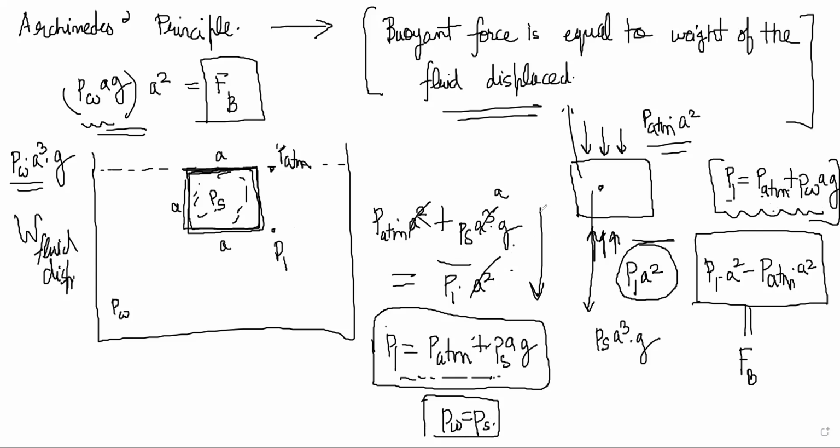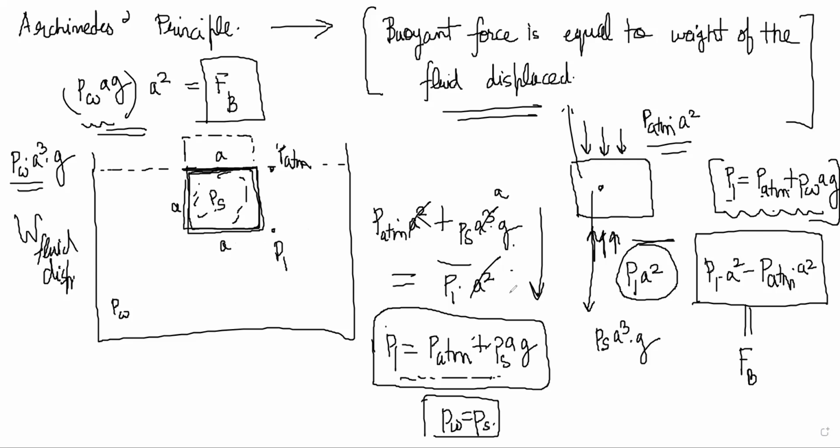Otherwise, it would have floated with a different ratio. It could have been like this also, then rho S is less than rho W. Or it could have been sinking, then rho S is greater than rho W, right?